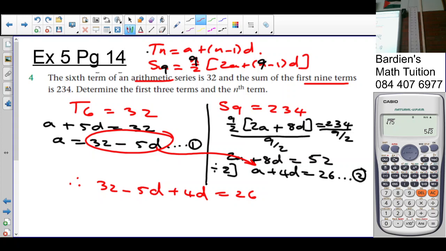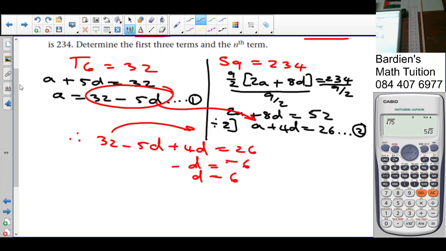Okay? Take that over to one side. So negative 5D plus 4D, negative D is equal to 26 minus 32. Negative 6. Is that correct? So D is 6.